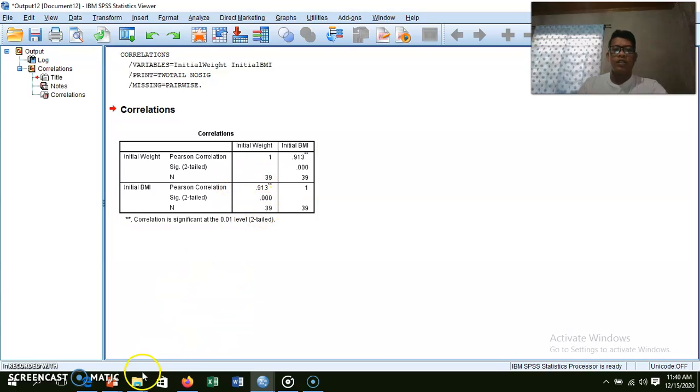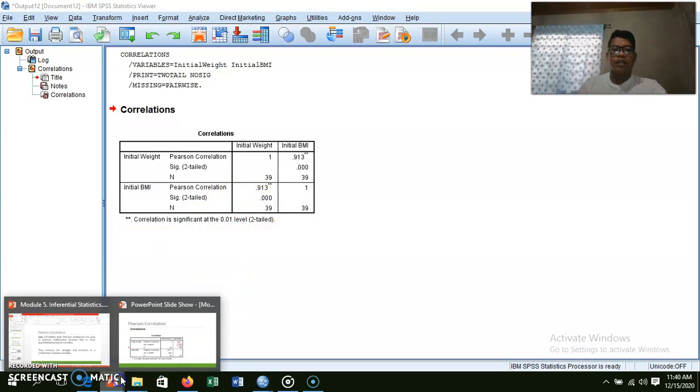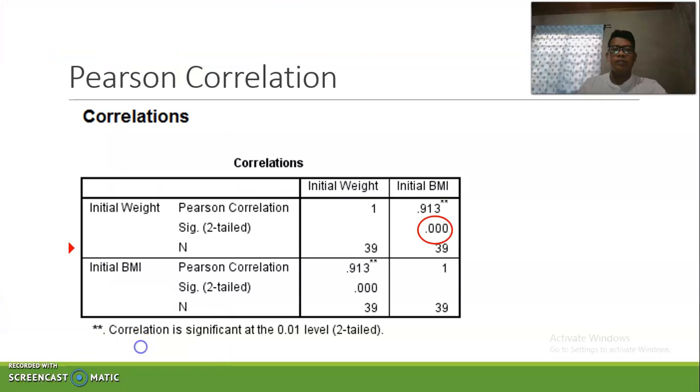Now let's try to interpret the output. Again, our inferential question would be, is there a relationship between the initial weight and the initial BMI of the participants? If you look into the p-value here, it's less than the 0.05 level of significance.